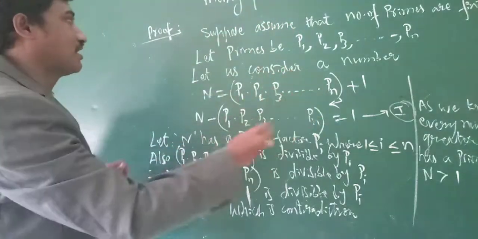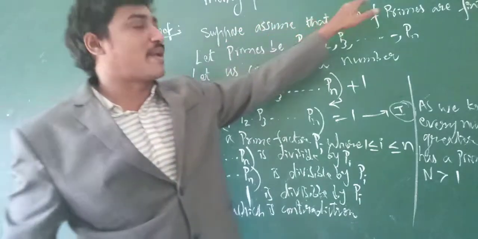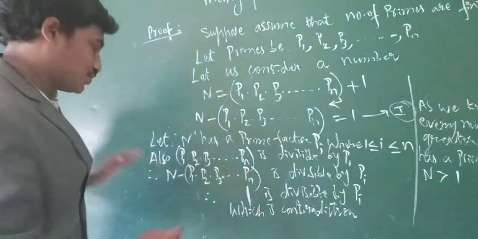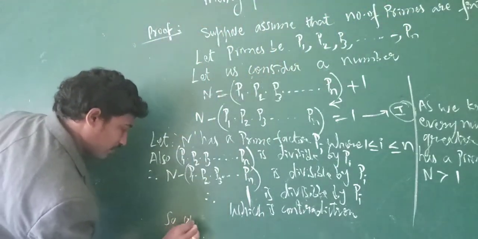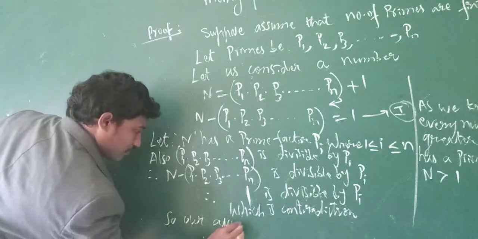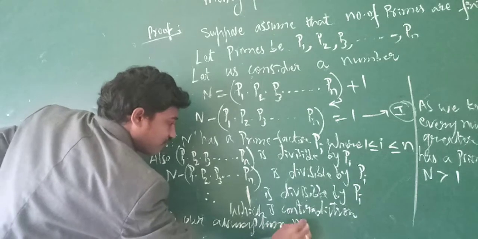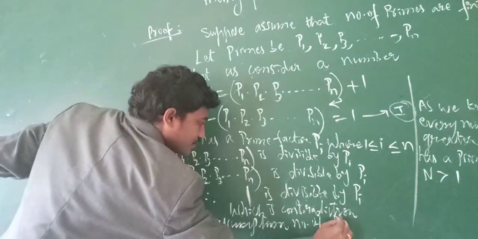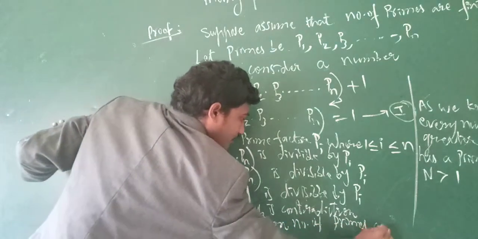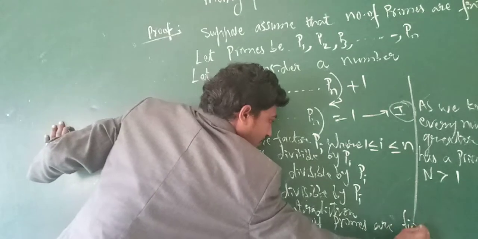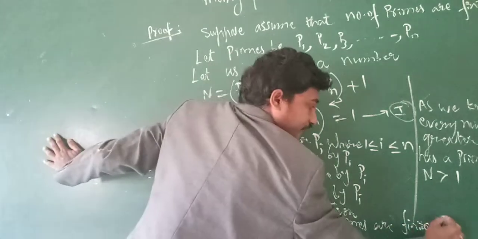So our assumption that the number of primes are finite is wrong.